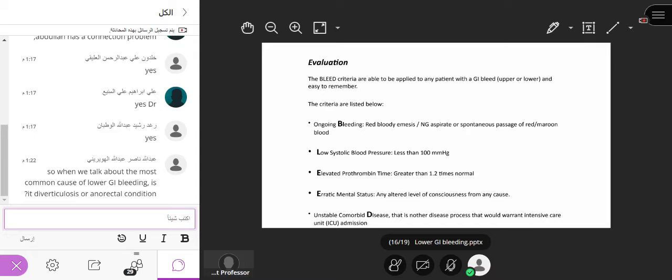So you become very cautious, and you monitor patients all the time, and you try to resuscitate the patient, and you see how resuscitation is progressing. It is improving or it is deteriorating. So this is part of the BLEED criteria for the evaluation.